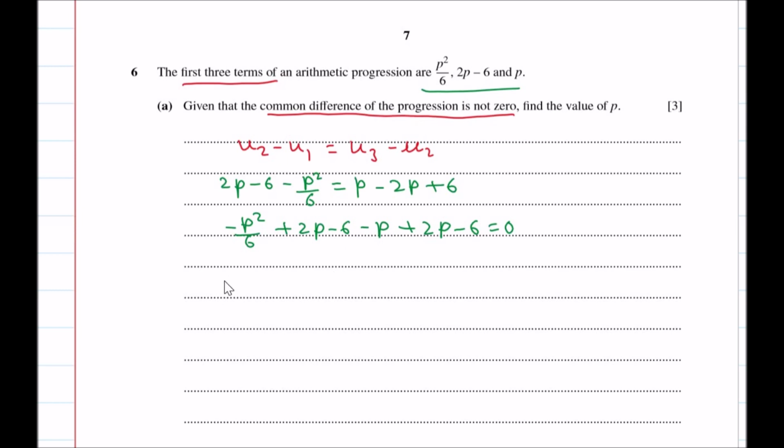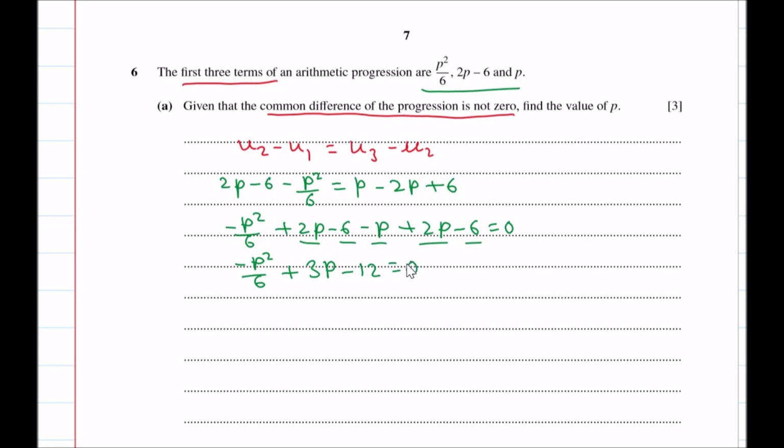So let us simplify them. Minus p square upon 6. If you simplify the like terms, combining this and this, 2 plus 2 is 4, 4 minus 1, that is 3p, and minus 6 minus 6, if you combine them, we get minus 12, and that is equal to 0.